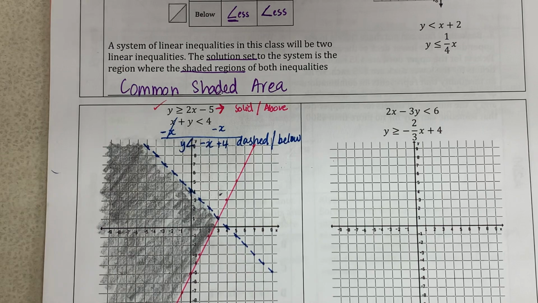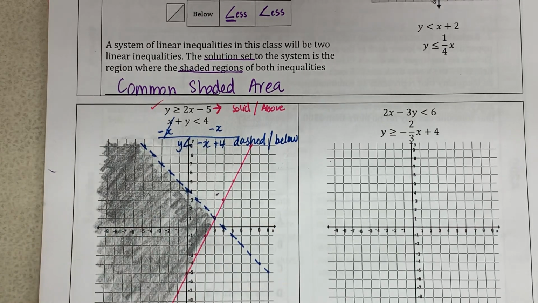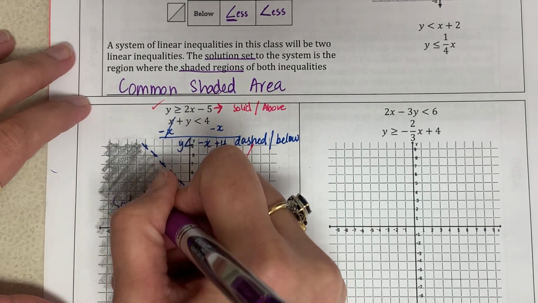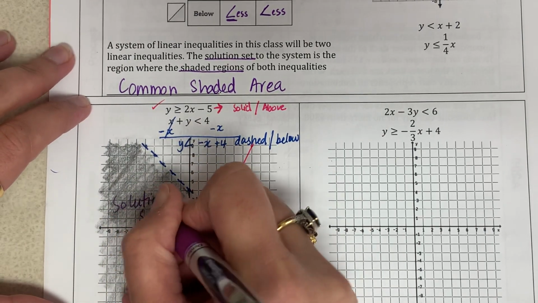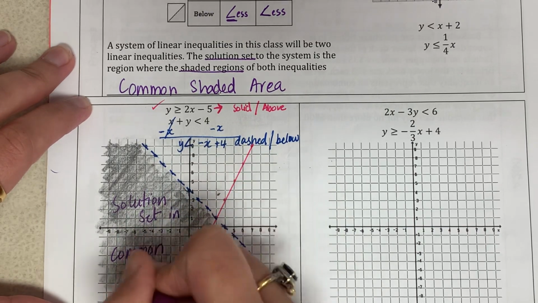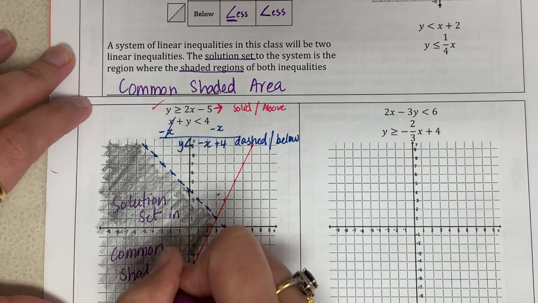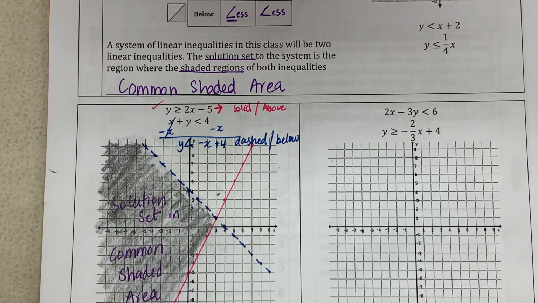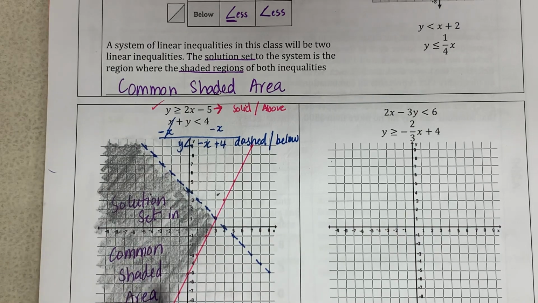It won't be a common area. So this was a common shaded section, and that is what my solution is. So this is where the solution is going to be, in the common or overlapping shaded section. So the solution set is in the common shaded area, so this is the correct answer over here.